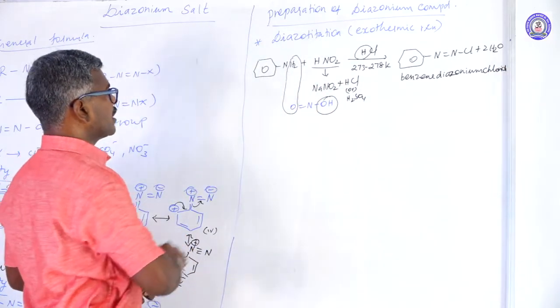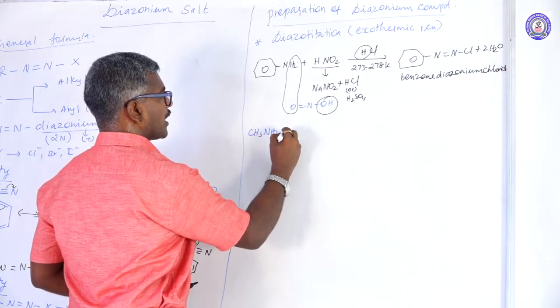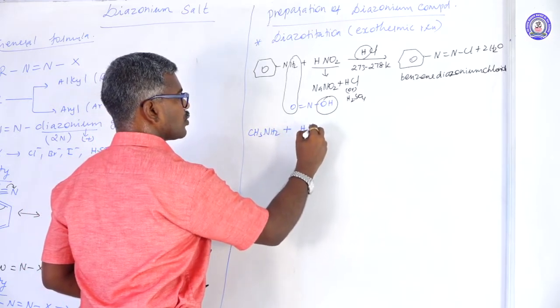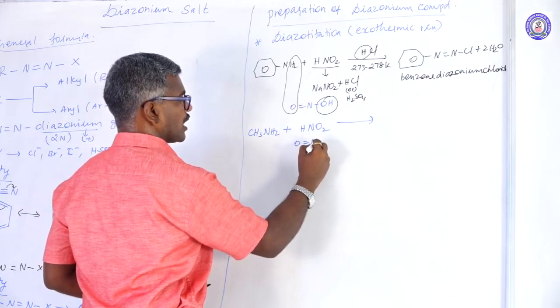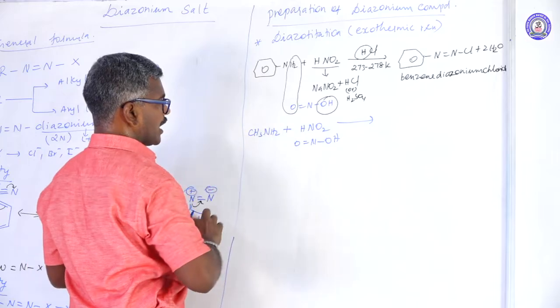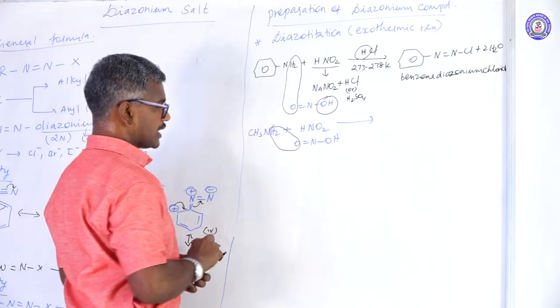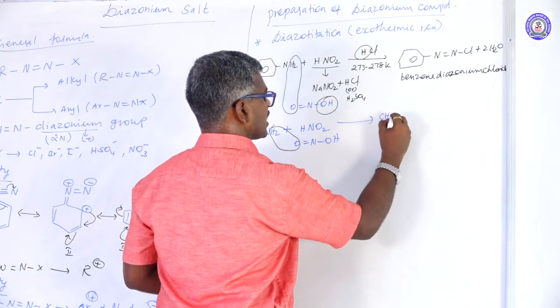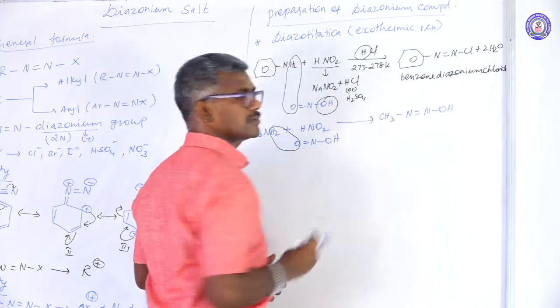Another one, aliphatic compounds. Aliphatic compound CH3NH2 reacts with nitrous acid HONO. How to write this one? O double bond NOH, with removal of water molecules. Product is CH3N double bond NOH group.